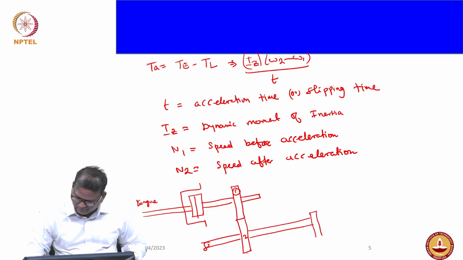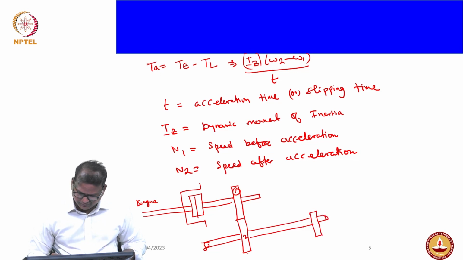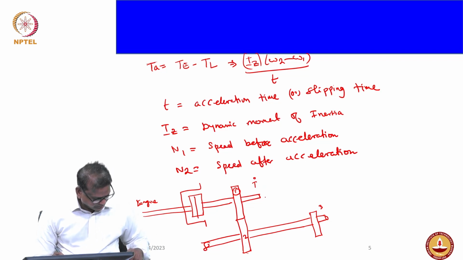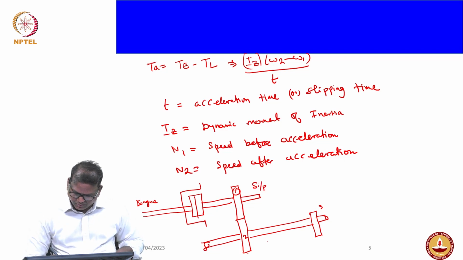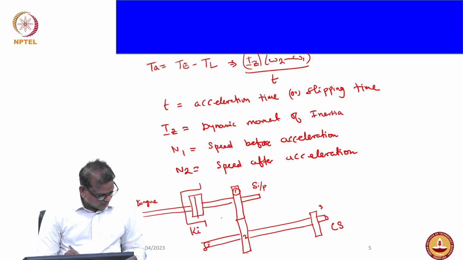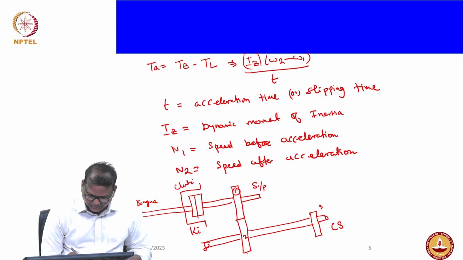You have one more gear, and this is a shaft. So this is gear 2, and this is gear 3, and this is the input shaft, IS. Yes, input shaft, and this is your counter shaft. And I will take the total aspect as Ki.